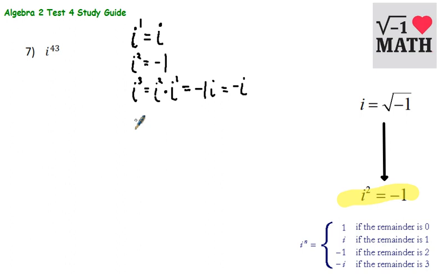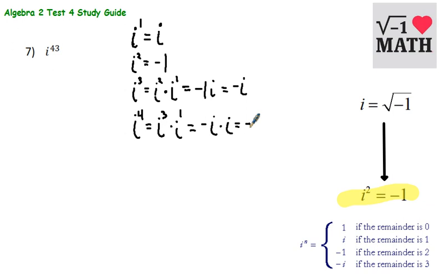All right, what do you think about i to the fourth? Well, i to the fourth would just be i to the third power, which we know is -i, times i to the first. I'm just trying to get the exponents to add up, right? 2 and 1 to make 3, 3 and 1 to make 4. We know that i to the third power is -i, and we know that i to the first power is i.